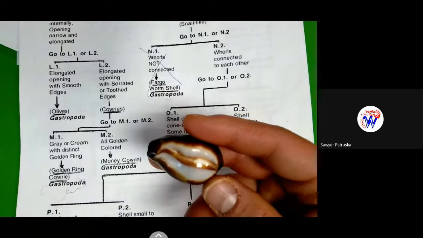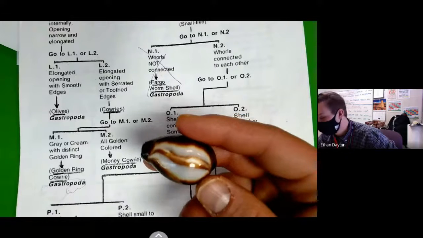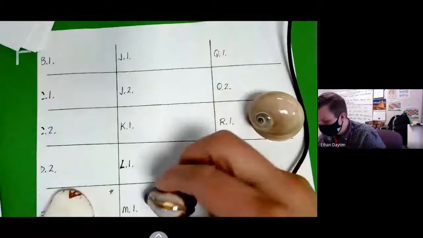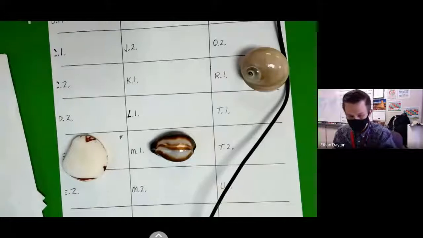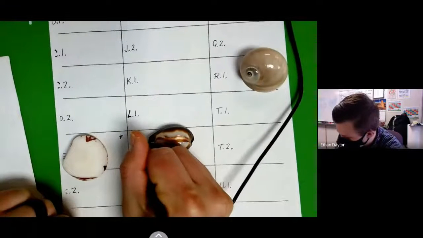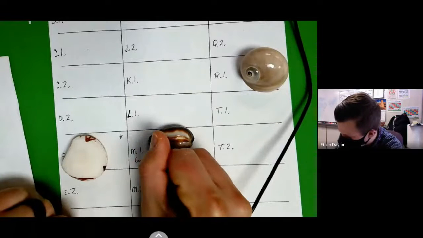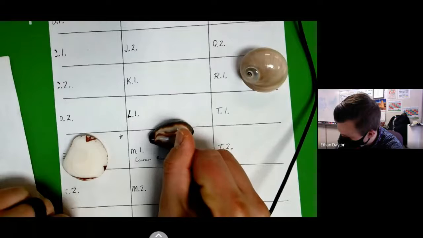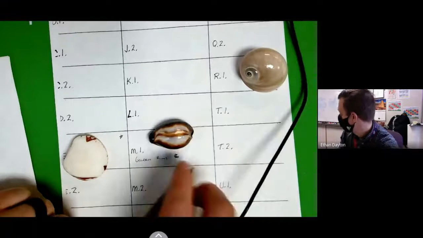Yeah, this is a golden ring cowrie. Yes. Okay, so that is M1 right here. And you can label that the golden ring cowrie. Yes. But this one would be the bone ring, and it's rough.